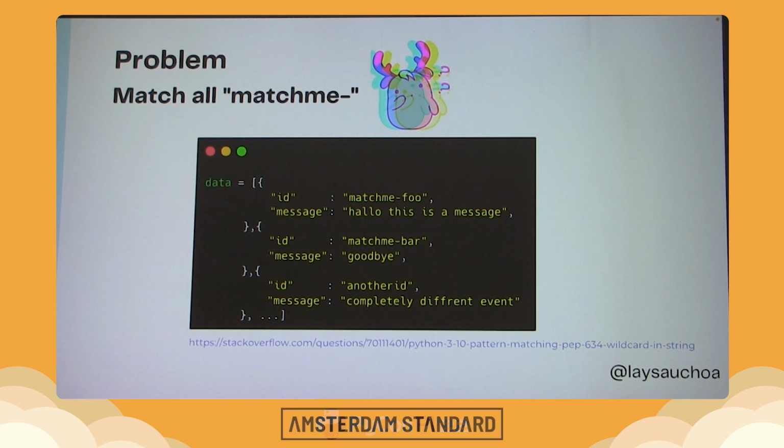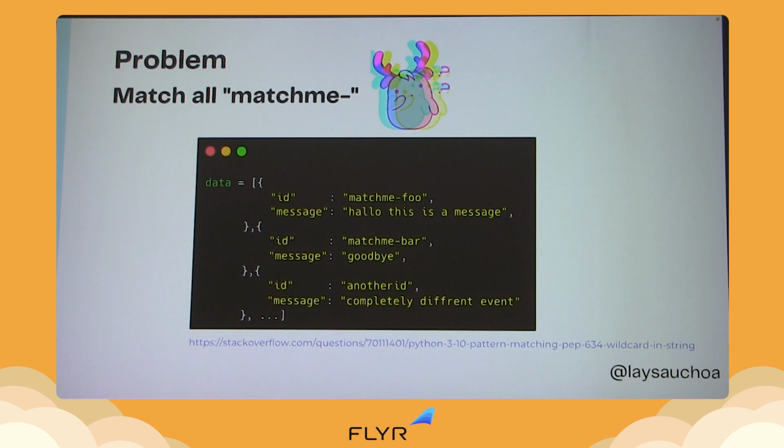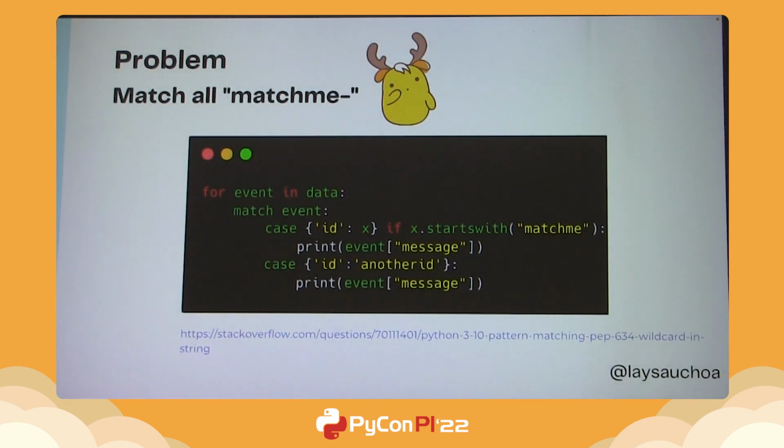It's a bit more advanced, but the person had a list of dictionaries, and wanted to match all the dictionaries whose ID starts with match me. So in this case, match me should match, match me bar should match, another ID should not match.